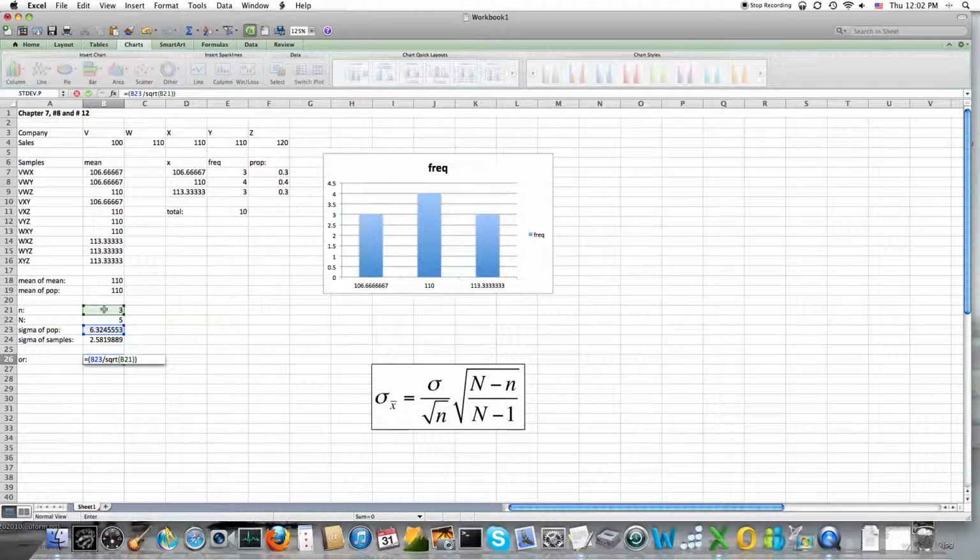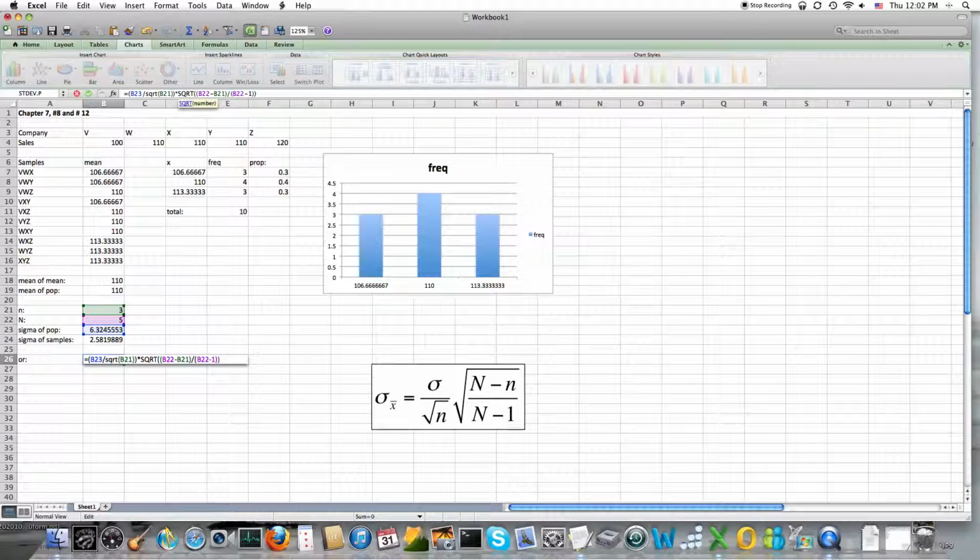There's my first fraction from the formula, times now the square root of capital N minus lowercase n, divided by, I want to put that in parentheses so I get the whole thing there, capital N minus 1.